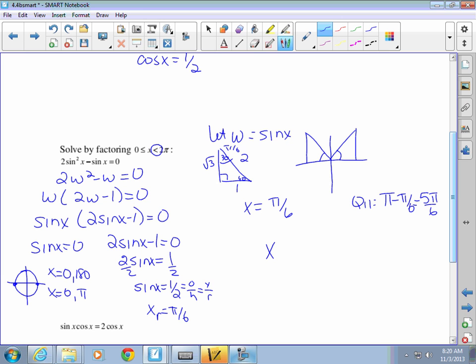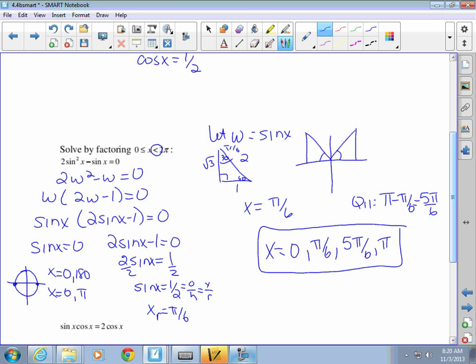So my final solution is going to be pi over 6, 5 pi over 6, and pi. I put these in numerical order. You don't necessarily have to.